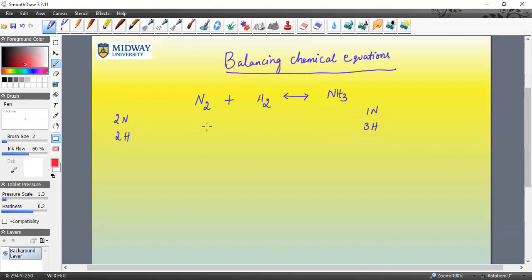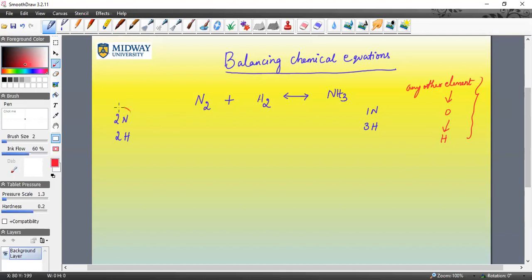And if there's oxygen, then the sequence is any other element, and then followed by oxygen and then hydrogen. This sequence I personally have found over the years has helped me, and also has helped a lot of my students. So always work out everybody else and then come to oxygen and then solve for hydrogen. In this case we don't have oxygen, but we'll definitely look at ones with oxygens as well.